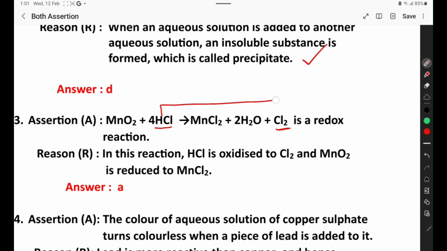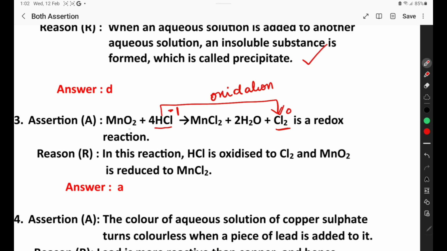So we can see HCl lost hydrogen, loss of hydrogen is oxidation. At the same time, we know the oxidation state of chlorine in HCl is -1 and chlorine in the elemental form, its oxidation state is 0. So -1 to 0, that is oxidation.